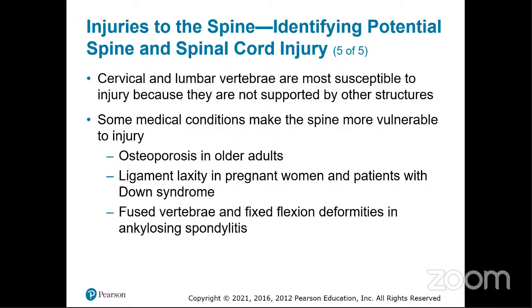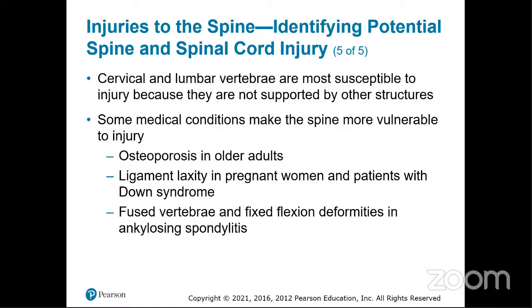And what does it have sitting on top of it? A big old head, so it's really susceptible that way. And then your lumbar ones: is there anything to support it once it goes below your rib cage? No. And what is it holding? The whole upper body. So it's really susceptible to that.